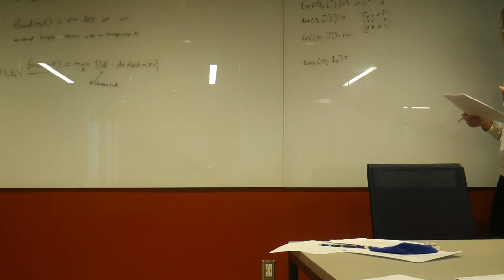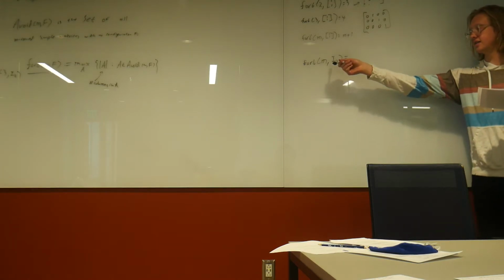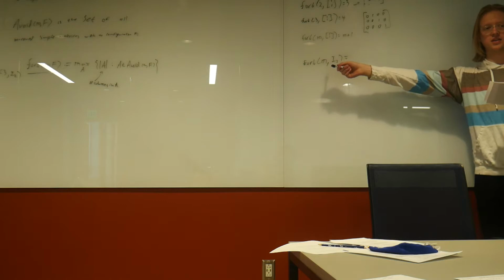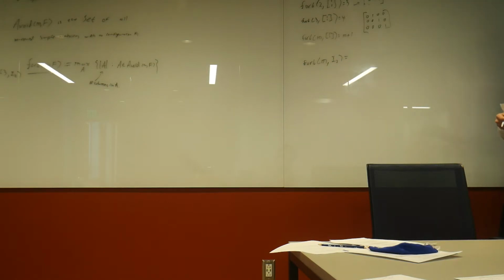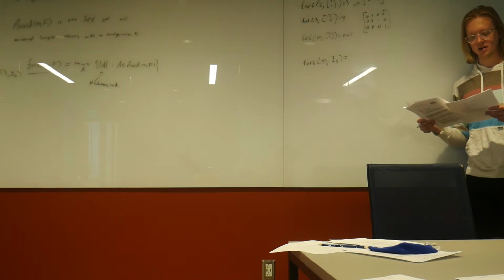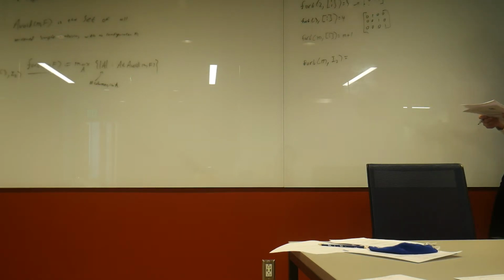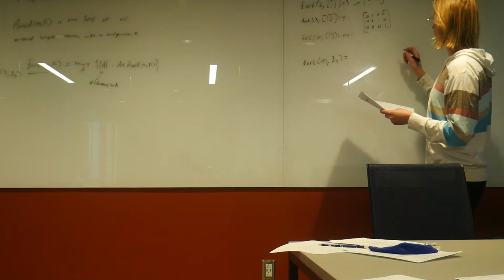We can think, first of all, we can make a construction, right? Because if we can find a matrix of some size that avoids I2 on m rows, we know that gives us a lower bound right away. And if we can't make anything bigger, that's the forbidden number. So first we can construct something to get a lower bound.